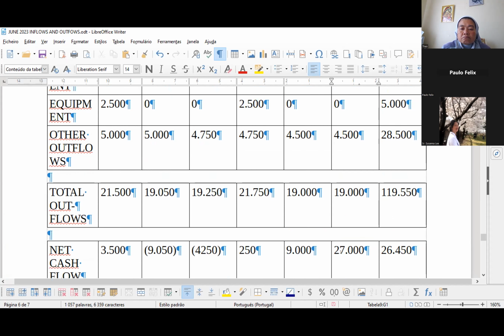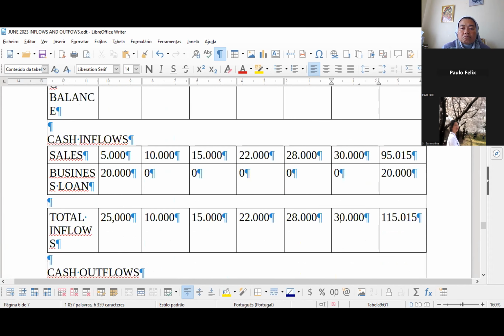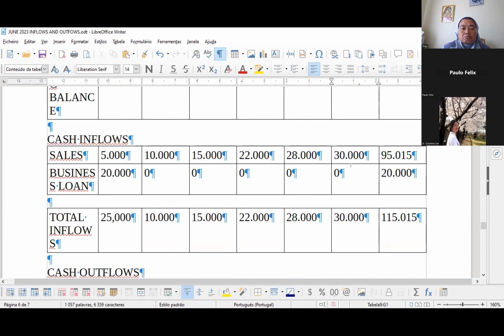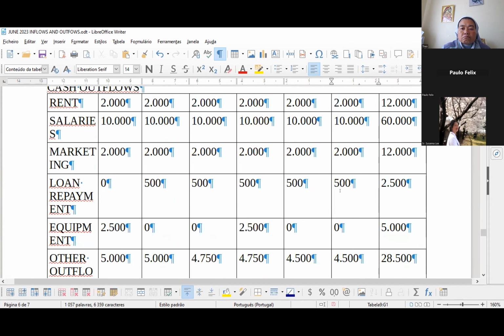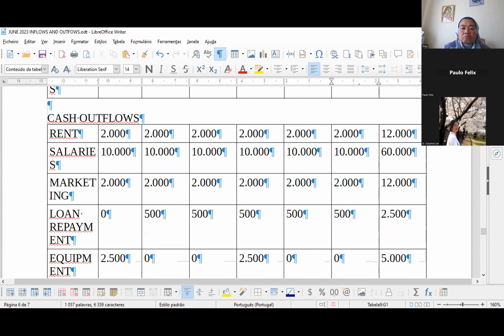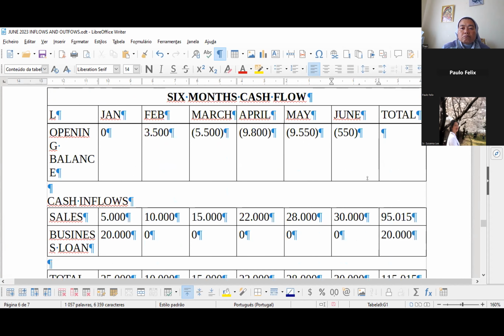But you had a net cash flow of 27,000. So now this 27,000 is the amount that you are going to use as opening balance for the month of July, which is not here for now.